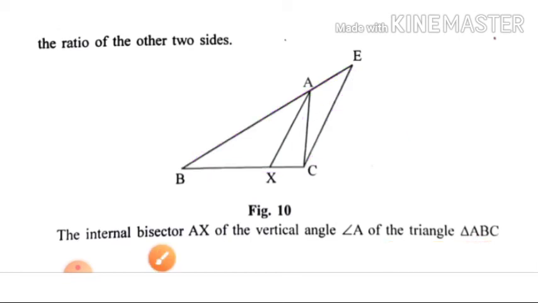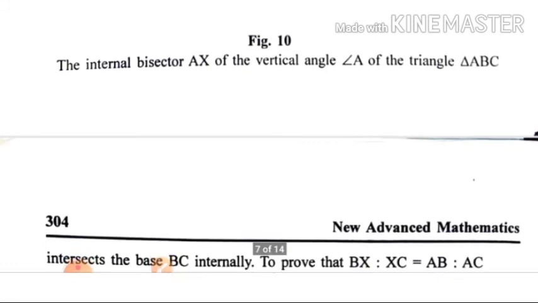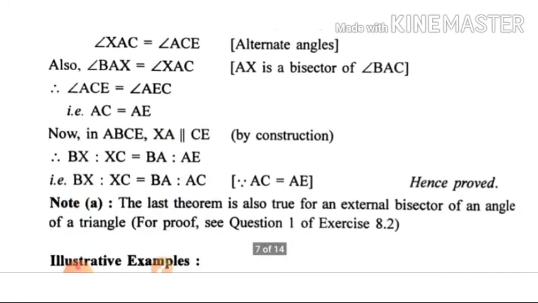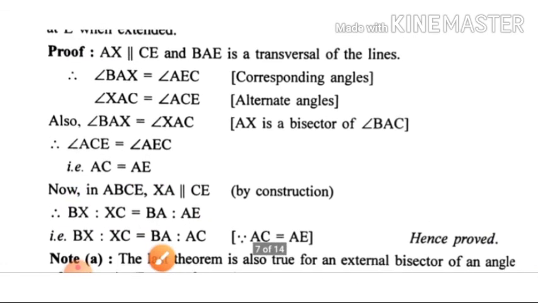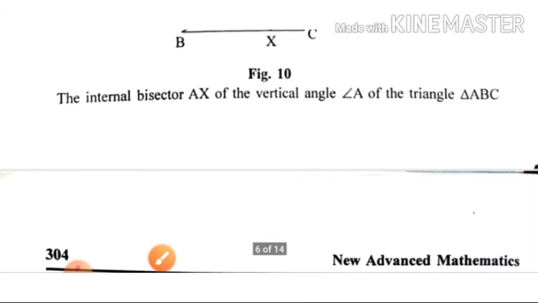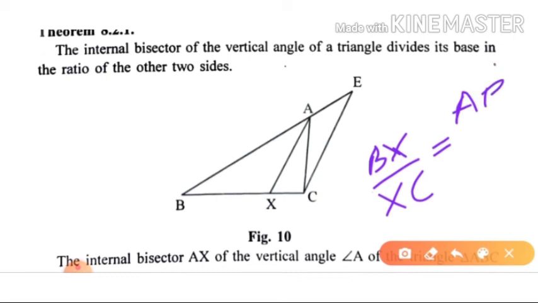So what we can say from here is that we have got this ratio before: BX is to XC is equal to BA is to AE. So BX by XC is equal to AB by AE.